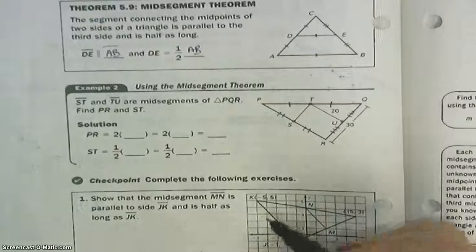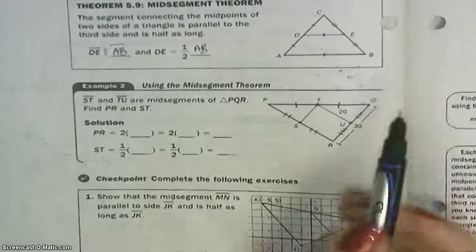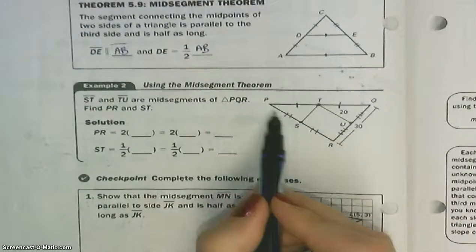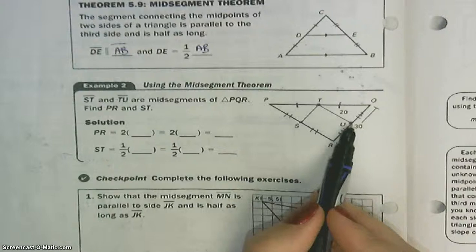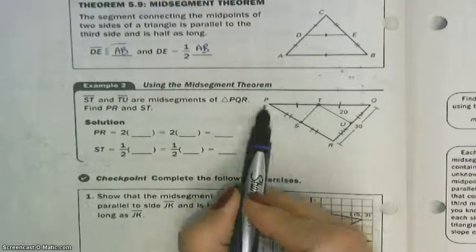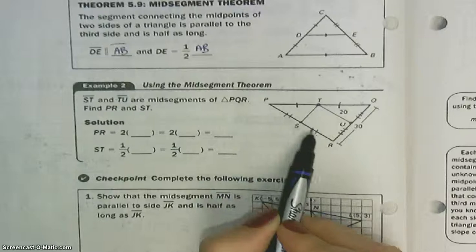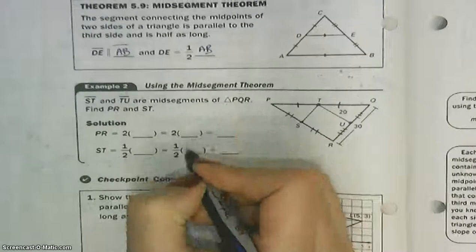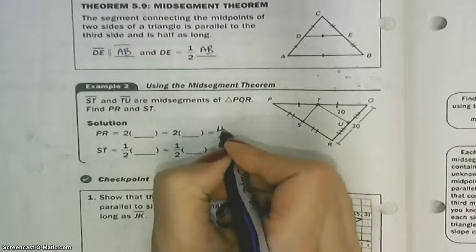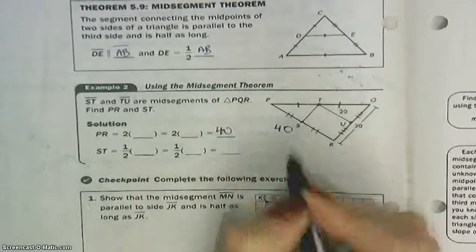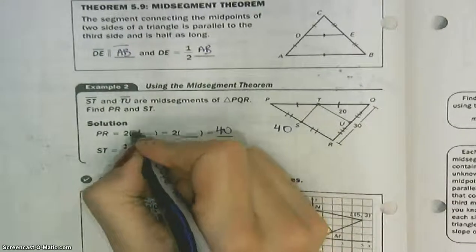Just marking my picture in case I need that. Find PR. I'm always looking to the parallel midsegment. So I know that it's double of 20. Double of 20 is 40, because we are going to double TU.